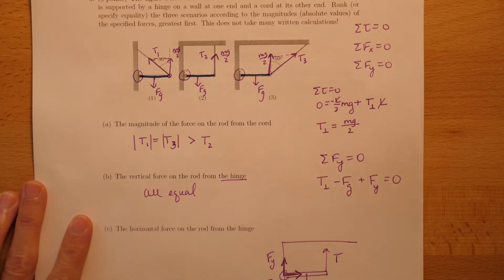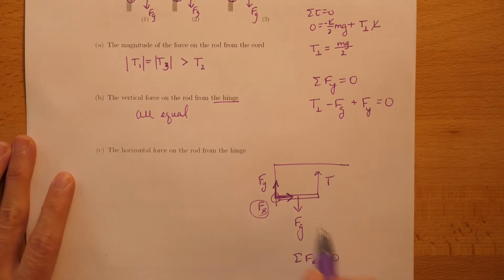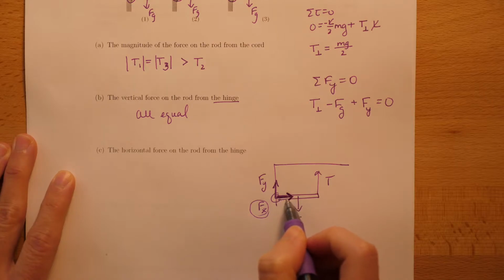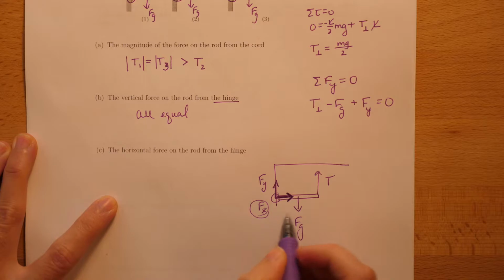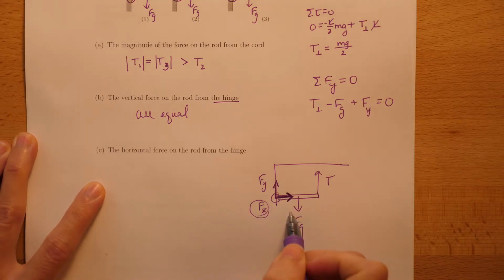There's the x component. So if we sum the forces in the x direction, the only one that we have is the force of the hinge in the x direction. So that force has to be 0. Otherwise the stick would be accelerating. So this vector force can't exist, or this whole thing would accelerate to the right. So the horizontal hinge force for case 2 is 0.